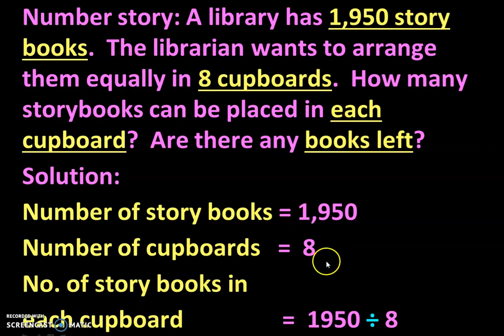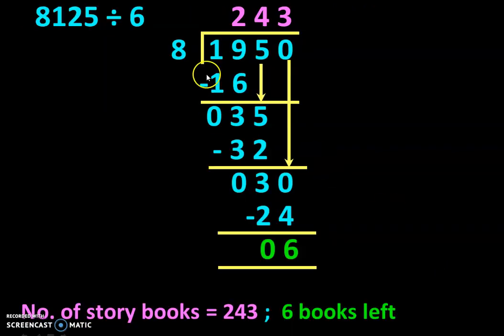So I am dividing this with this. Shall we divide? Yes. Here, 8 2s are 16, remainder 3, 35, I'm bringing down the 5. So 8 4s are 32, and the remainder 5 minus 2 is 3. And that 0 is brought down.